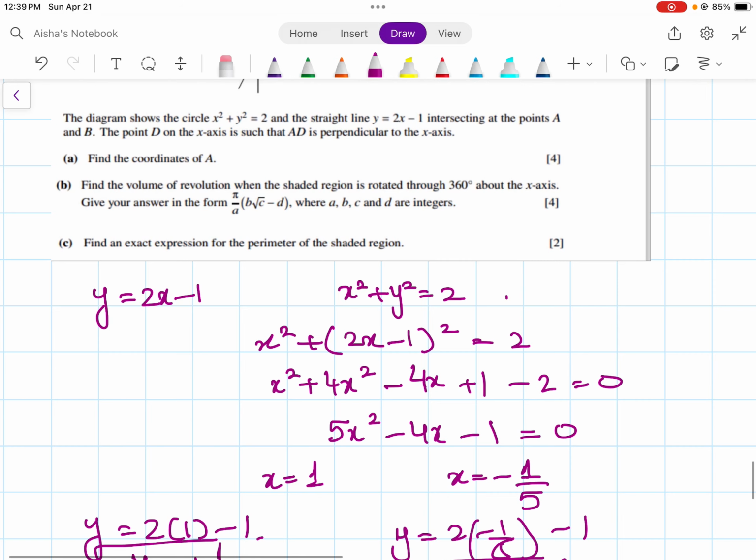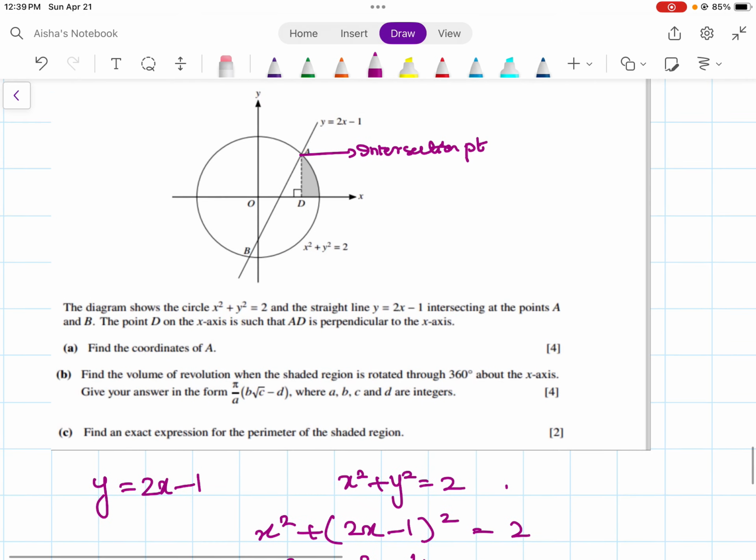Now find the volume when it is rotated about the x-axis.